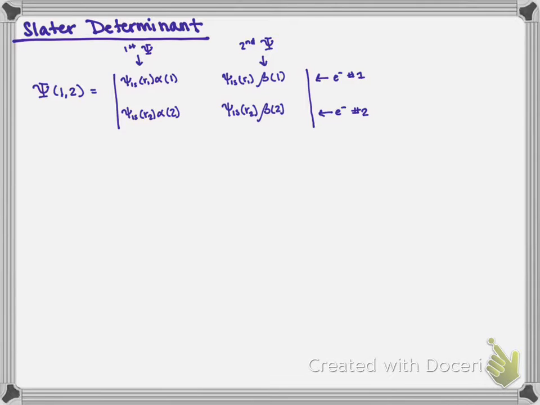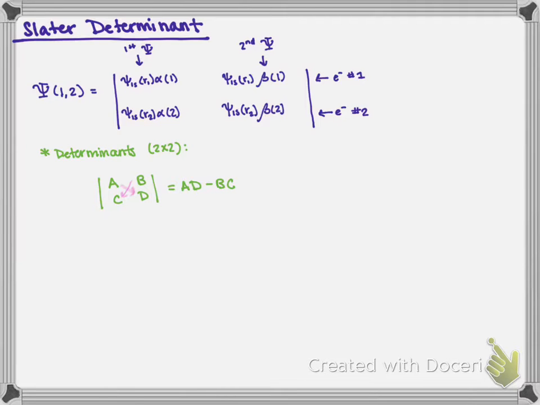Now we need to know how to solve a determinant. Very briefly, to solve a 2 by 2 determinant in math, say we have a determinant with entries a, b, c, d. First we multiply across the diagonal from a to d, so we have a times d, and then we subtract the cross diagonal product, which is b times c.